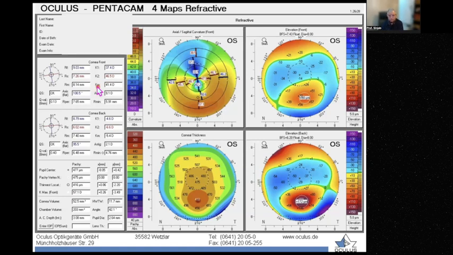There is evidence about the cutoff value. Rabinovich described the cutoff value for placido-based instruments, 47.2, while Jack Holliday described the cutoff value for K mean for the Pentacam, and it is 48.